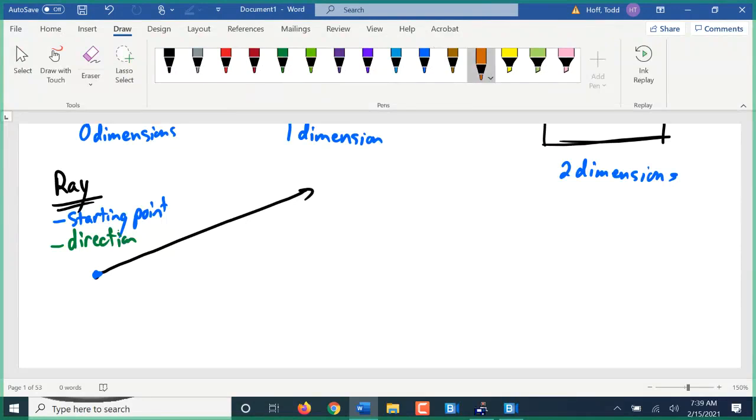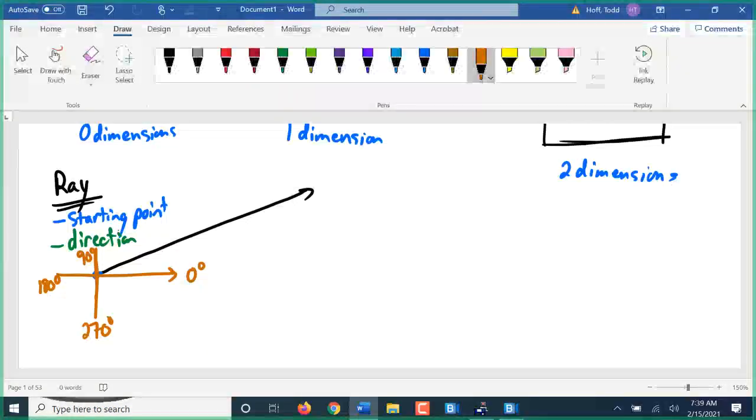We measure direction kind of like a navigational direction system. But our coordinate system has its origin at that starting point of our ray, east direction, 0 degrees, and we go around counterclockwise. So north direction would be 90 degrees, 180 degrees, 270 degrees, and then 360 degrees would be back at 0 again.